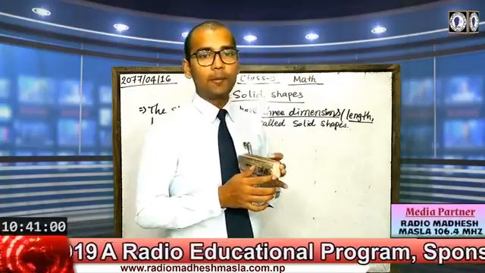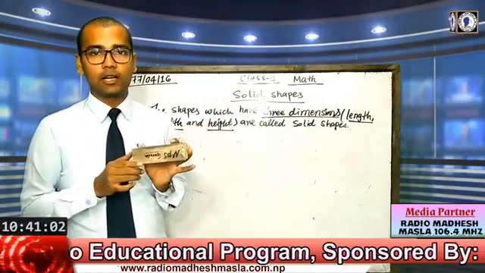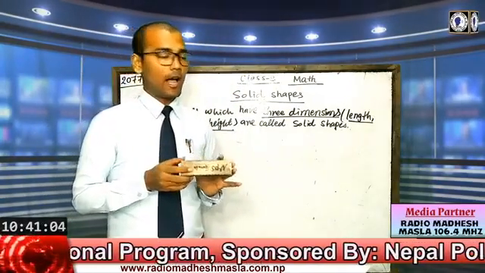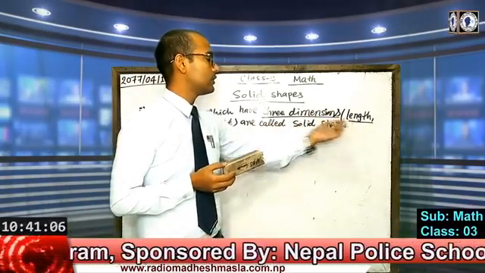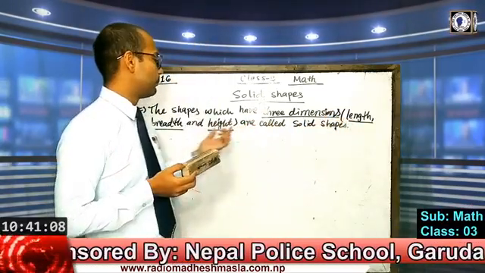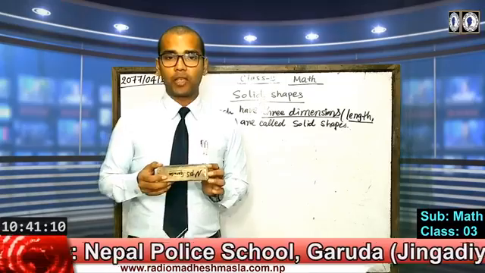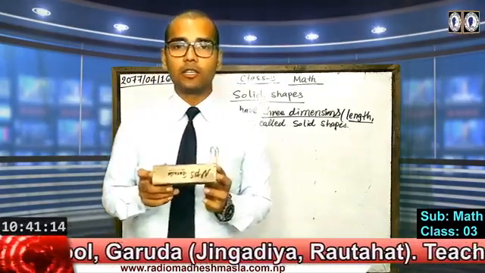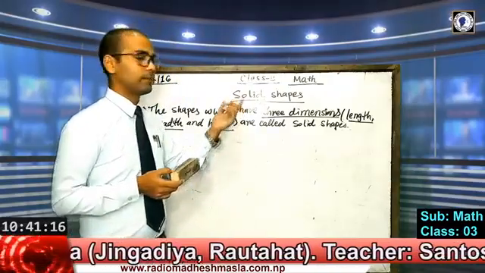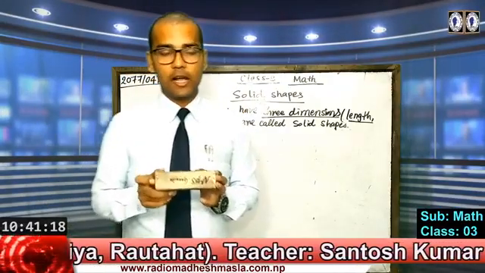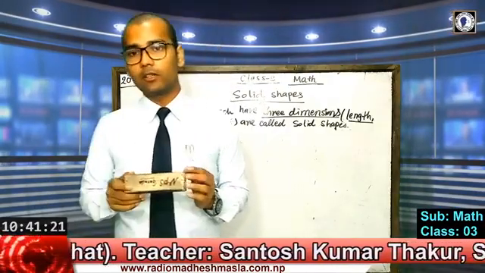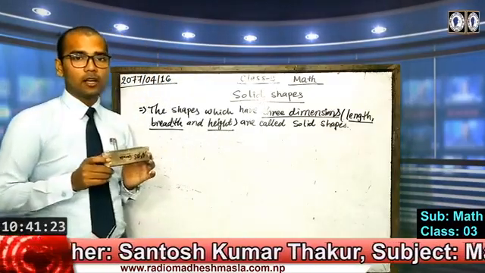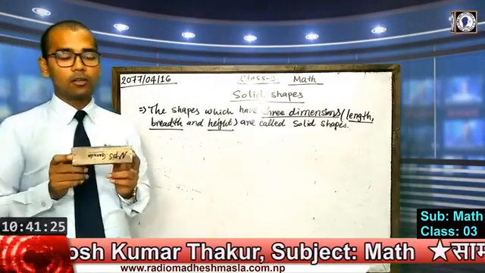It means this duster has all three dimensions: length, breadth, and height. So we can say that this duster is a solid shape, because it holds all three dimensions.